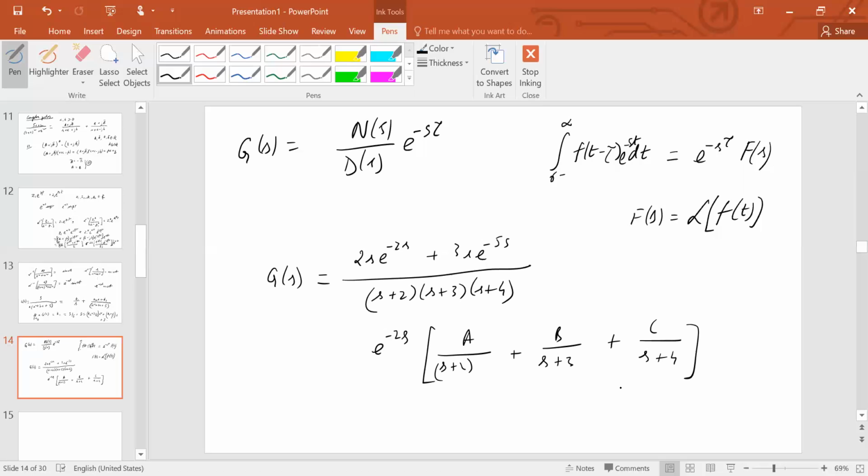And you have to have plus e to the power minus 5s times d over s plus 2 plus e over s plus 3 plus f over s plus 4. Right? You can see why this has to be done.